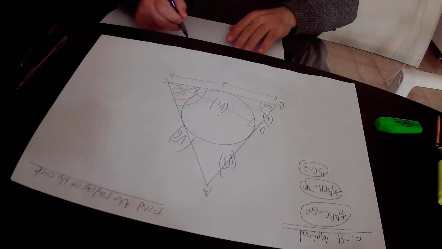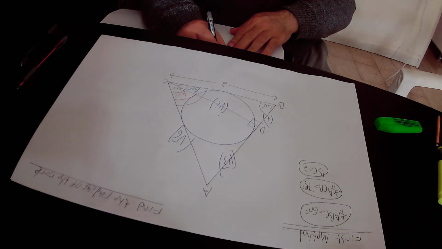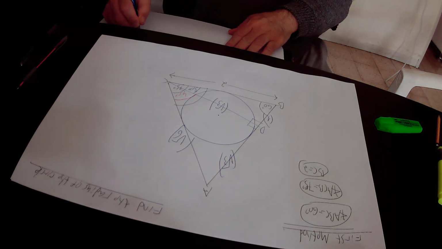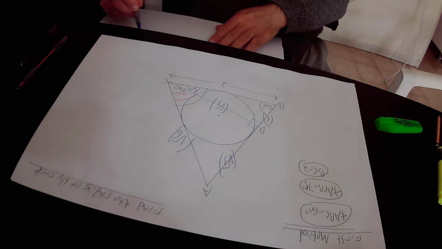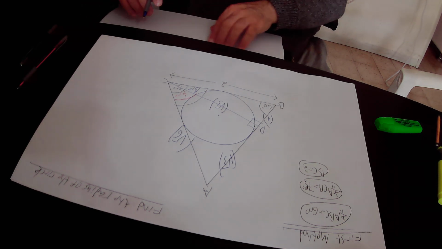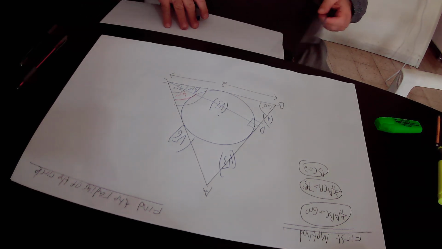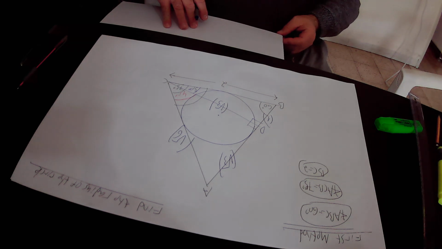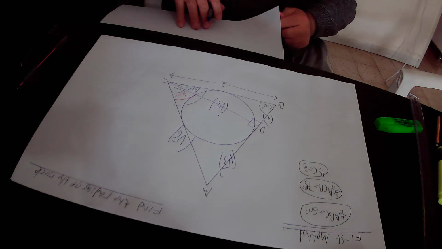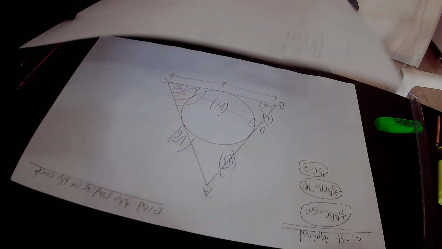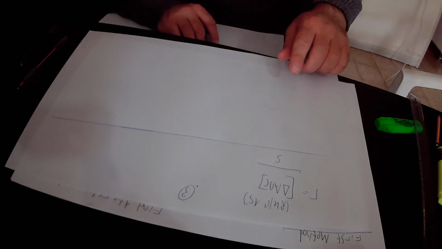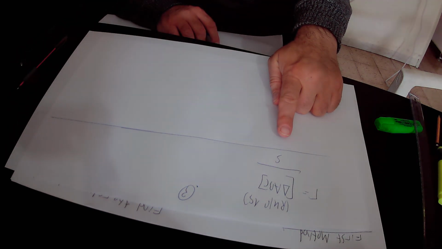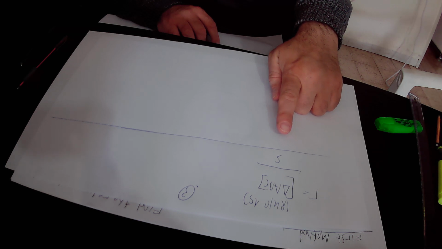According to rule number 15, the radius R of this circle equals the area of triangle ABC over the semi-perimeter of the same triangle, triangle ABC.